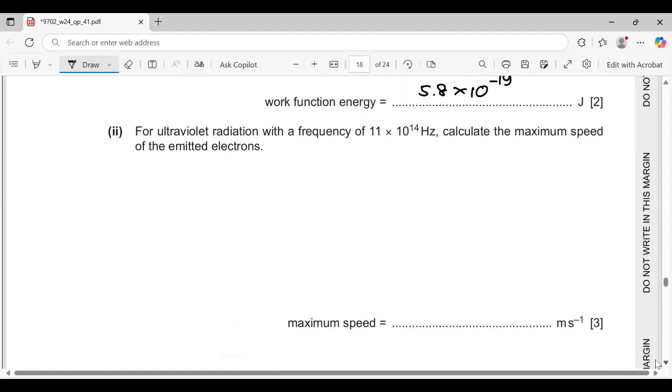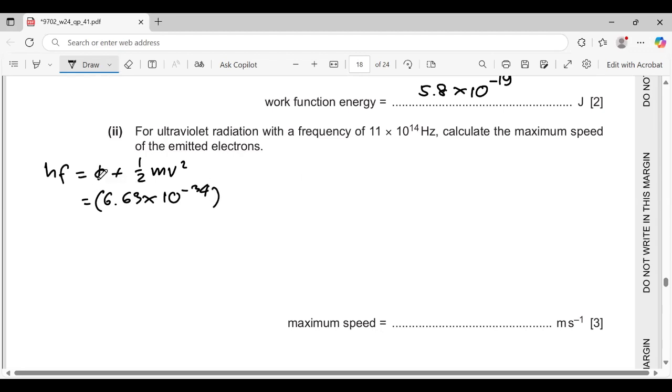For ultraviolet radiation with a frequency of 11 times 10 to the power 14 Hertz, calculate the maximum speed of the emitted electrons. Now we are going to use the photoelectric equation: hf equals phi plus 1/2 mv squared. And it is 6.63 times 10 to the power minus 34.